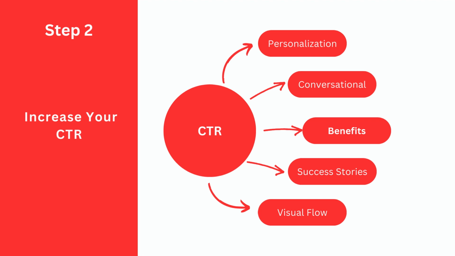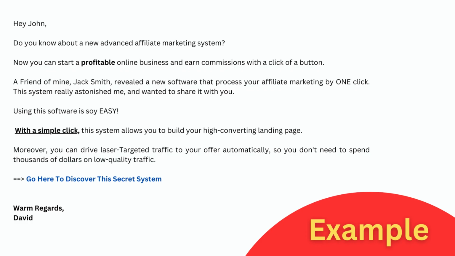Tip number five, try to focus on the visual flow or the structure of your email. Don't write big sentences and long paragraphs. Try to write short sentences first, then two sentences, then a small paragraph. Let me show you an example here.